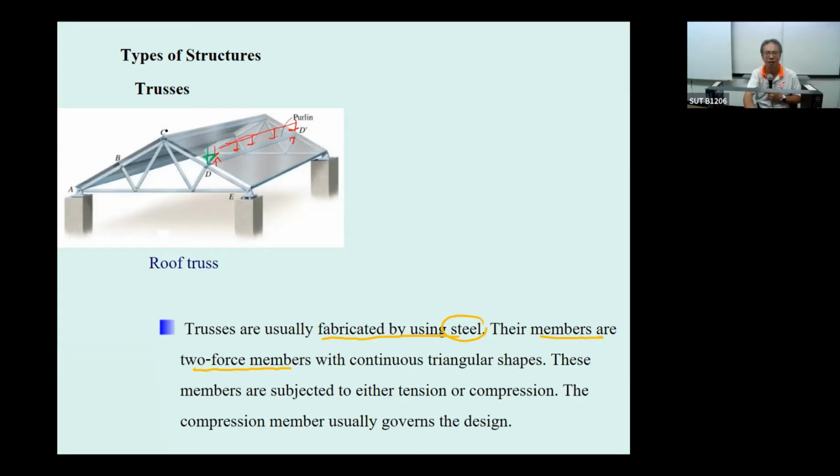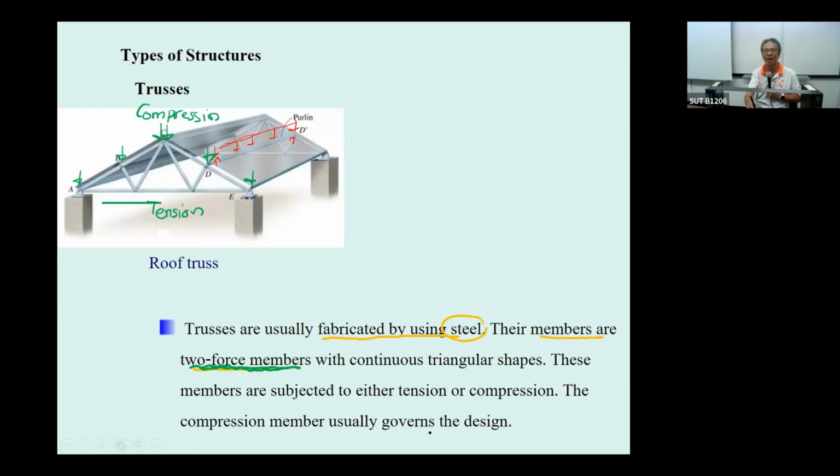So this truss will be subjected to the vertical load like this. Under this, the structure will resist the force, with the bottom member taking care of the tension, and the top member taking care of the compression.